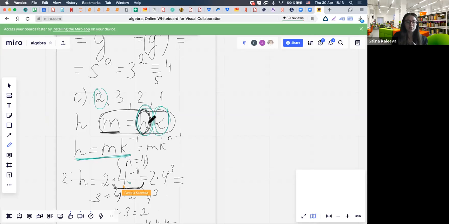Take K and raise it to the power n minus 1. So this is a common rule and it always works. But now in our case, actually it's very easy to guess the inverse number, which is also 4.